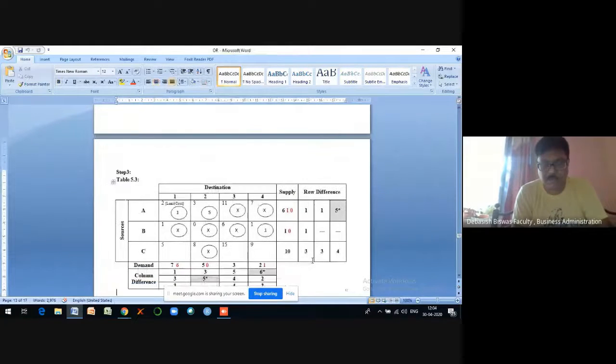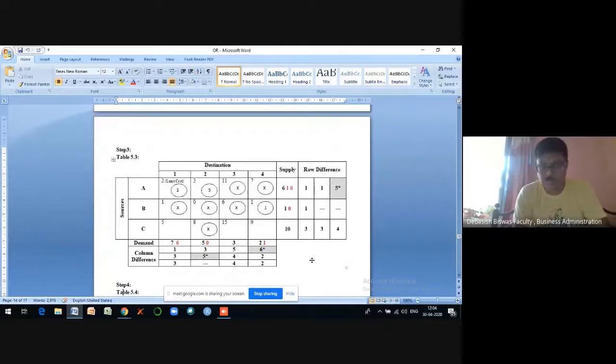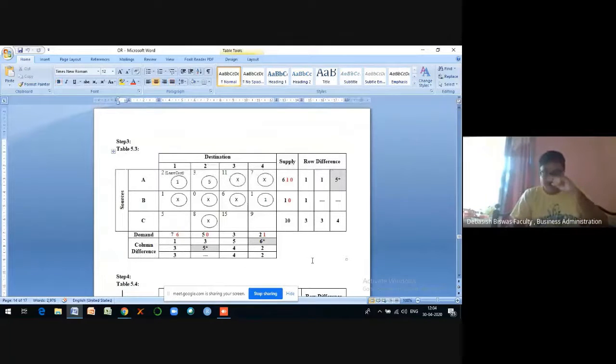This is our next table. You observe, again we have taken the difference. Again we have to take the difference. In the same procedure, we have taken the difference, that is 5.